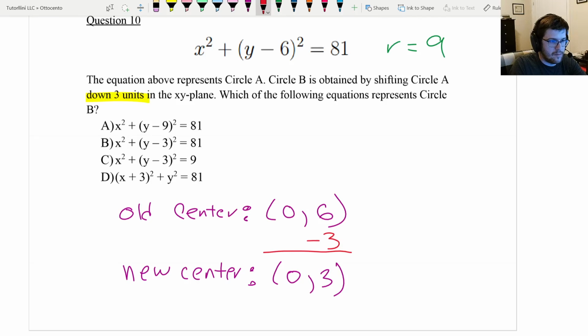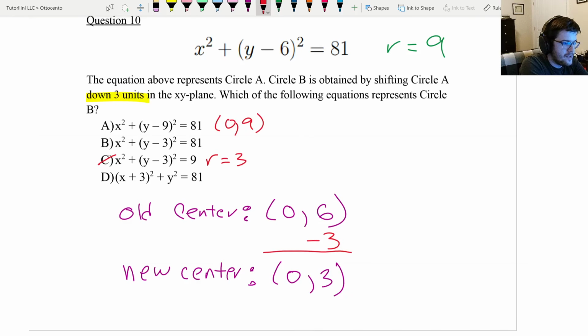So let's go through the answer choices. First off, right away, I'm noticing that this guy has a radius of 3. So he's wrong, because the square root of 9 is on the right side. Square root of 9 is 3. So he's wrong regardless. This one has a center of 0, +9.